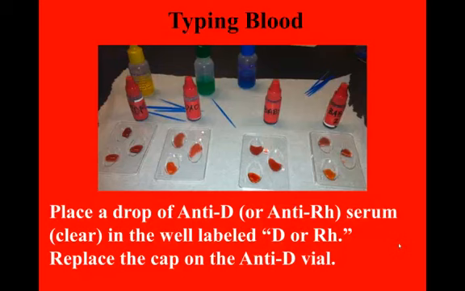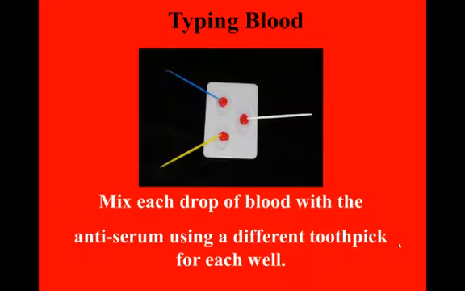A negative. What if the A well clumps and the RH clumps, but not the B? That person would have blood type A positive. And that's how these work. So you can mix them with different toothpicks. That way you don't have any contamination.